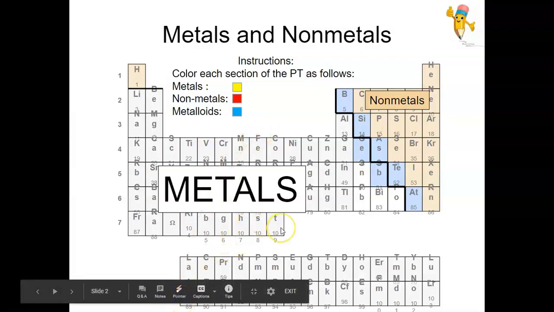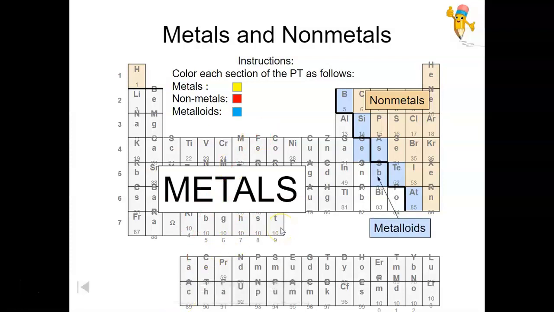And then the last part is you're going to color the metalloids. The metalloids, and you may want to start there with your coloring. The metalloids are 7 elements that have both metal and non-metal characteristics. We're going to talk about that.